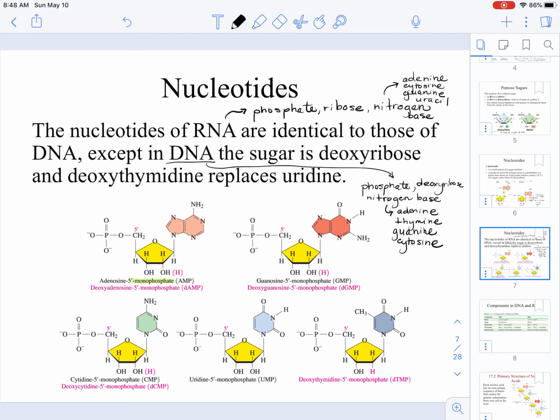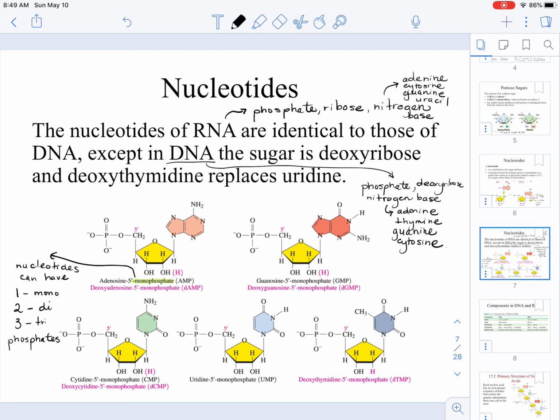But note that nucleotides can have 1, 2, or 3 phosphates. If it has 1 phosphate, you see the prefix mono. If you have 2 phosphates, we have the prefix di. And if we have 3 phosphates, you have the prefix tri.